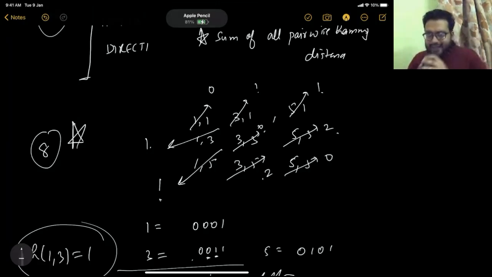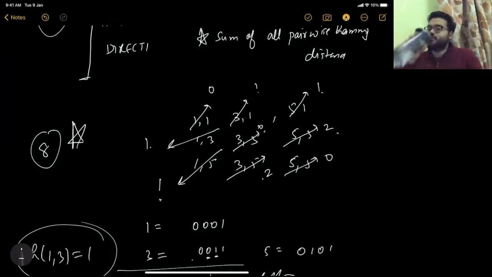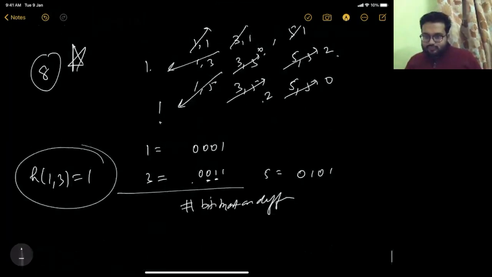If you XOR this with this, your answer will be 0, 1, 1, 1, which is nothing but 7, which is not equal to your answer. So do you appreciate this will not work? And also there is no logic why you would want to do that, right? XORing all the numbers, counting set bits, that's not what we're looking for. We're looking for all the pairwise Hamming distances. You are right, Ankur, you are right.